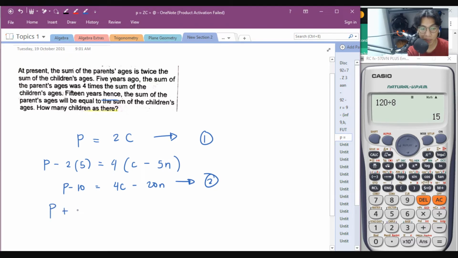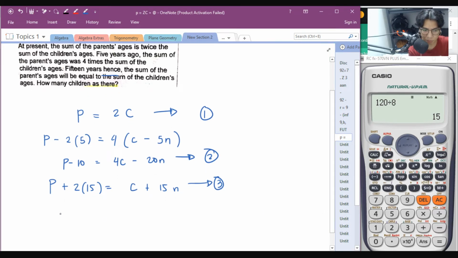Plus, dalawang parents mo. So, 2 times 15. The sum of the parents' ages will be equal to the sum of the children's ages. So, yung number of children plus 15 times the number of children. This is condition number 3. Then we simplify. So, P plus 30 equal to C plus 15N.